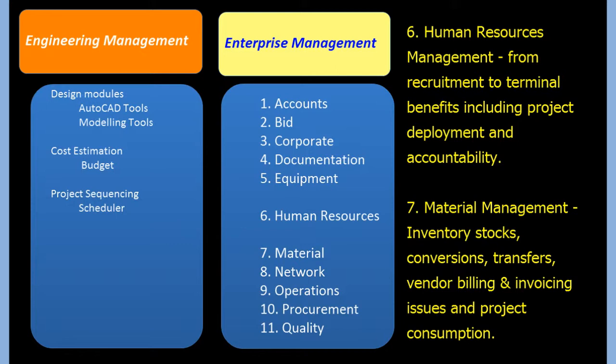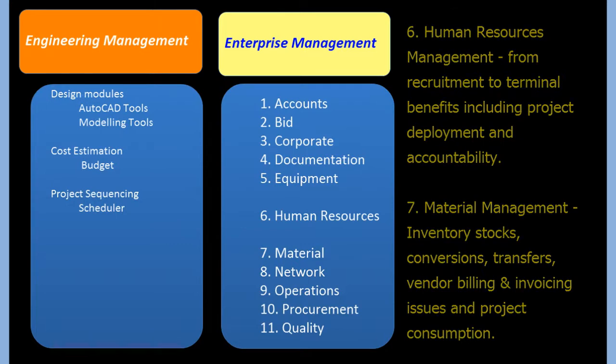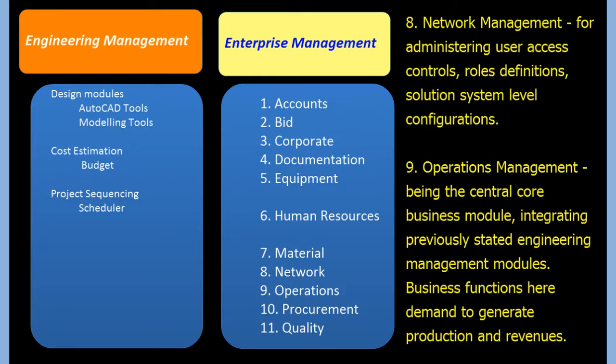7. Material management, inventory stocks, conversions, transfers, vendor billing and invoicing issues and project consumption. 8. Network management, for administering user access controls, roles definitions, solution system level configurations. 9.